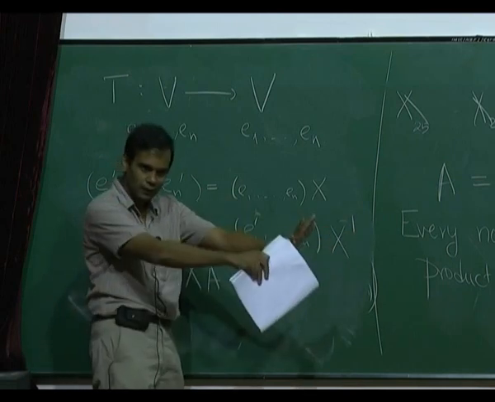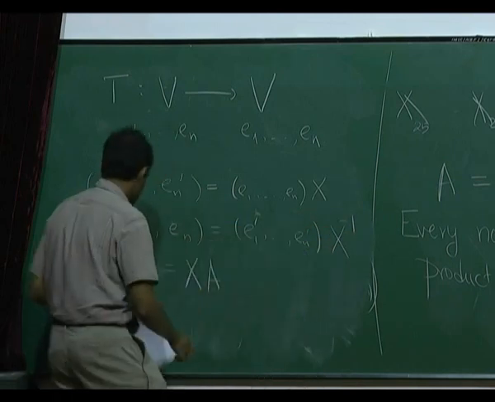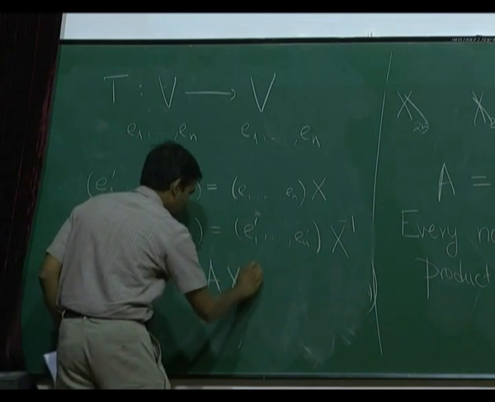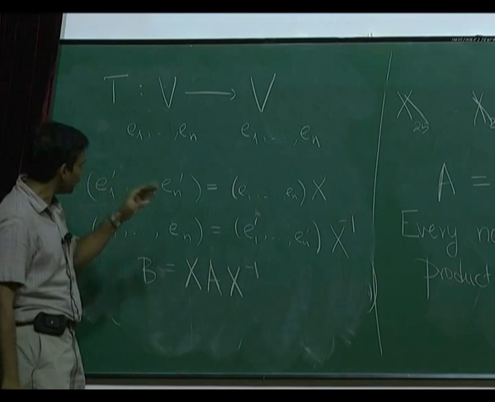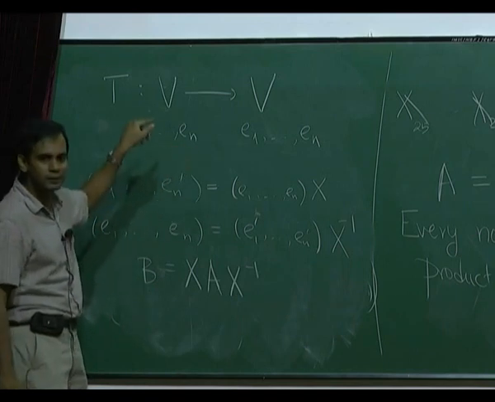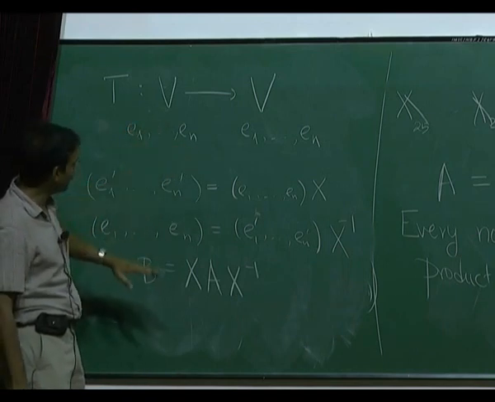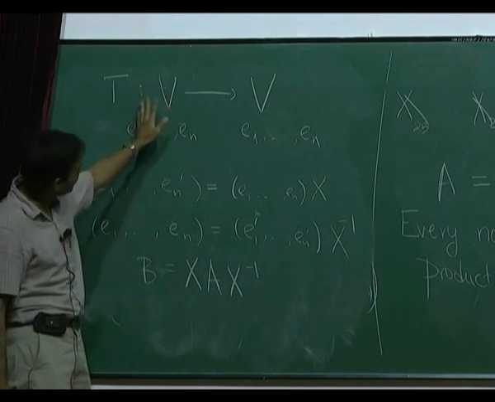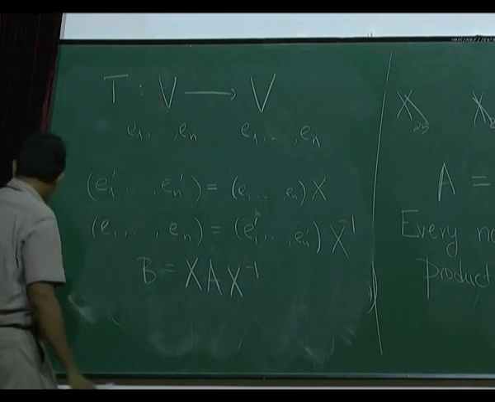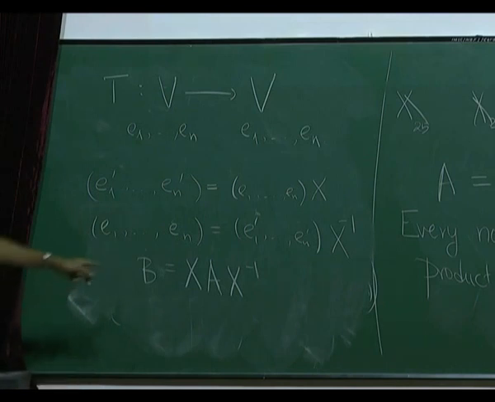So just the same calculation that we did now says that B is x A x inverse. So now we have only one vector space and we are changing its basis, and we want to know whether two different matrices represent the same linear operator on this vector space with respect to different bases or not. This is a different notion of equivalence, okay?